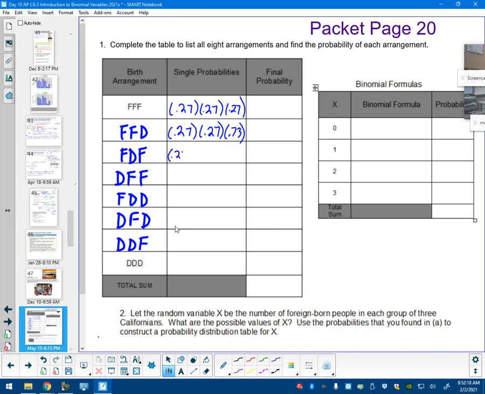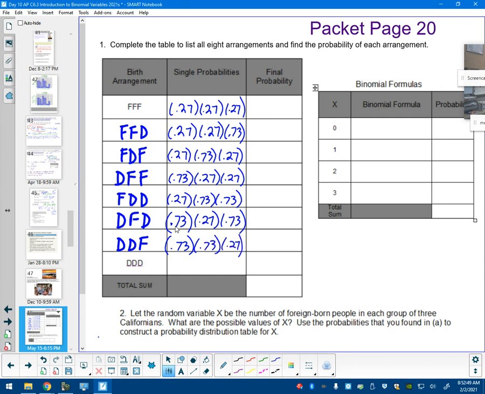This one's going to be 0.27 times 0.73 times 0.27. The next one's going to be the 0.73 out front, 0.27, 0.27. Then we have 0.27 times 0.73 times 0.73. 0.73 times 0.27 times 0.73. 0.73 times 0.73 times 0.27. And finally, we have 0.73 times itself 3 times.